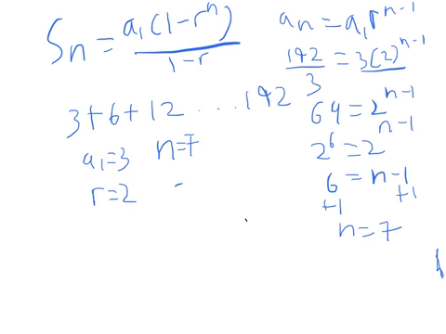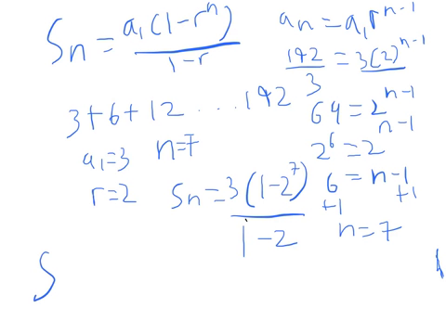So S sub n equals 3 times (1 minus 2 to the 7th power) all over 1 minus 2. So S sub n equals, let's see, what's 2 to the 7th power?